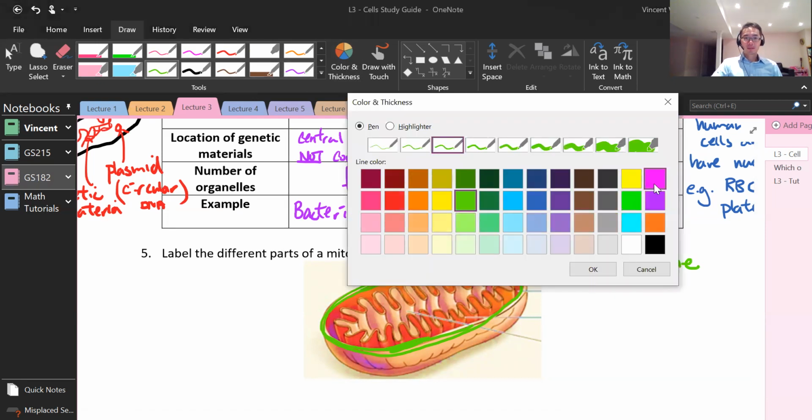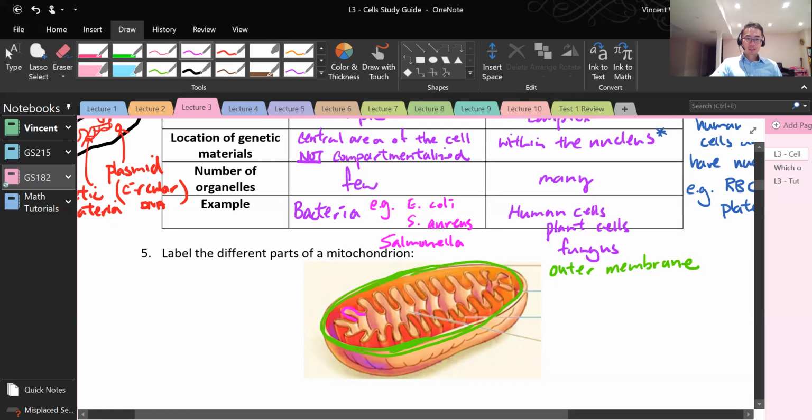Let's see if I can highlight that for you. This inner membrane folds up into these accordion-like structures, finger-like projections, that's what some textbooks call it. So that is the inner membrane.